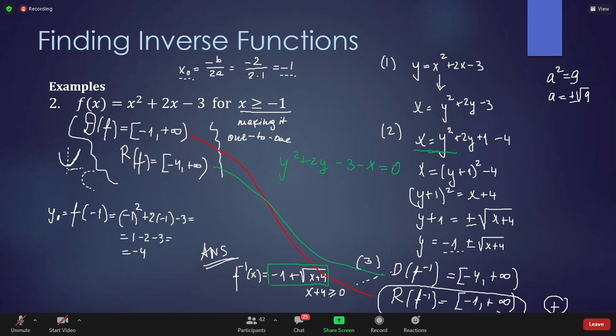So a is 1, the b coefficient is 2, and c is -3 - x. So writing the discriminant would be 2², that's 4, minus 4 times 1 times (-3 - x).